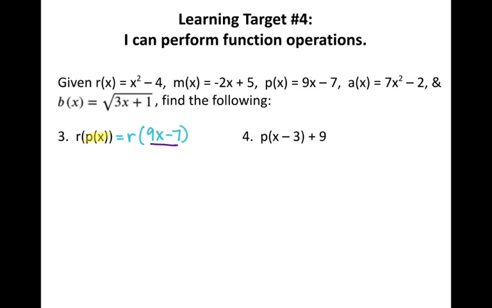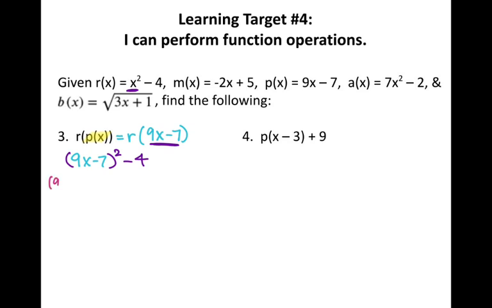So that means this 9x minus 7 is going to be my input for x into my r of x function. As I write this, I'm going to write x squared minus 4, but instead of x, I'm putting 9x minus 7. Now from here, we just got to simplify.